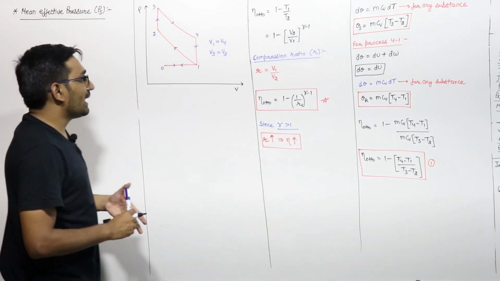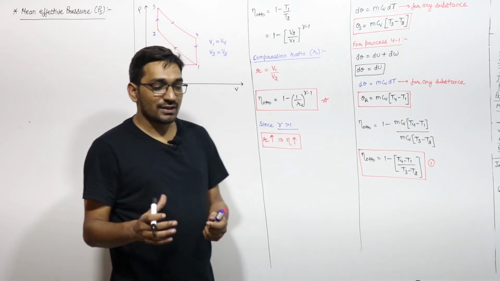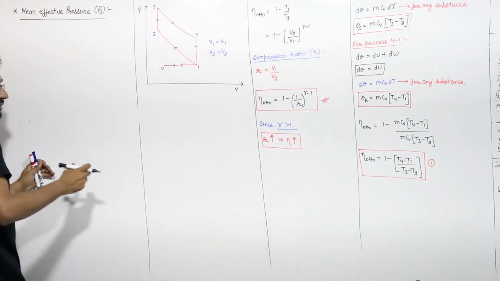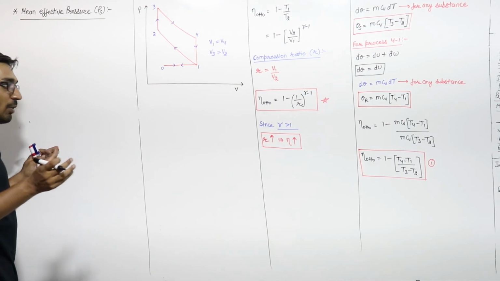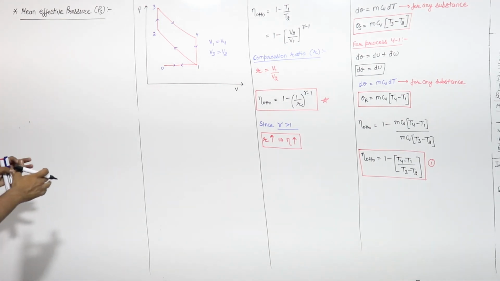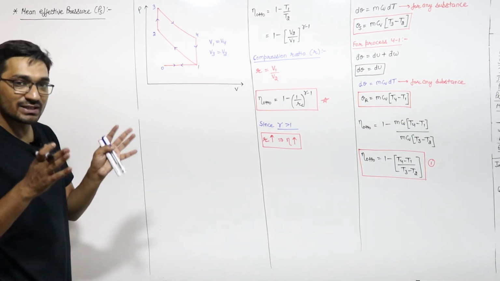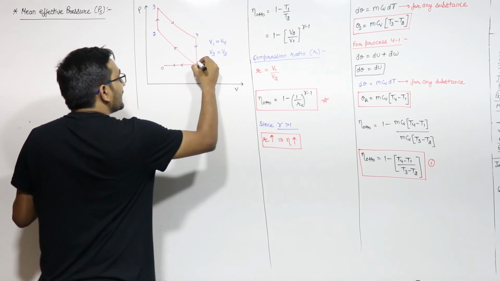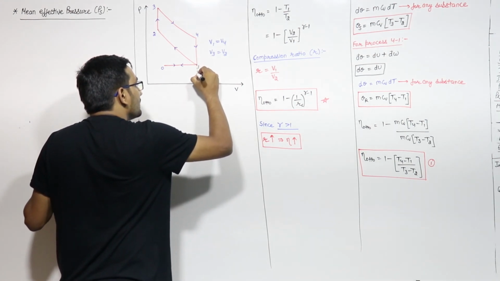Now, if I define a pressure that is known as mean effective pressure, then corresponding to this mean effective pressure, consider that this Otto cycle is working between this volume level.